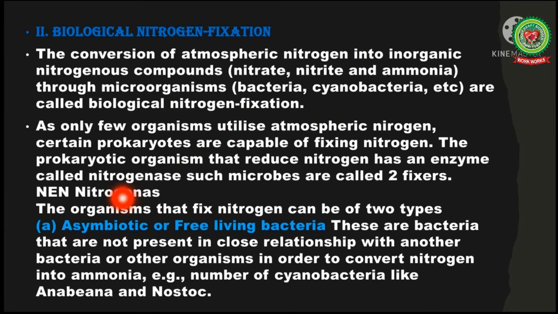These microorganisms can be of two types, asymbiotic or free living bacteria. These are the bacteria that are not present in close relationship with other bacteria or other living organisms in order to convert nitrogen into ammonia. For example, cyanobacteria, Anabaena, Nostoc, etc.